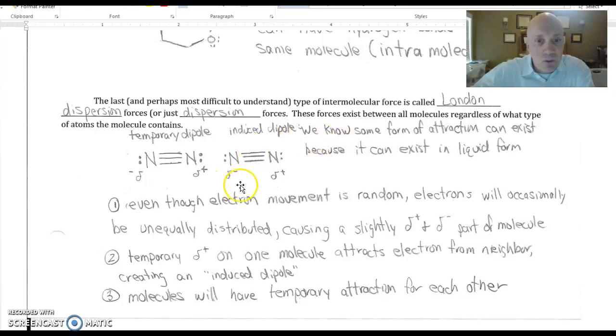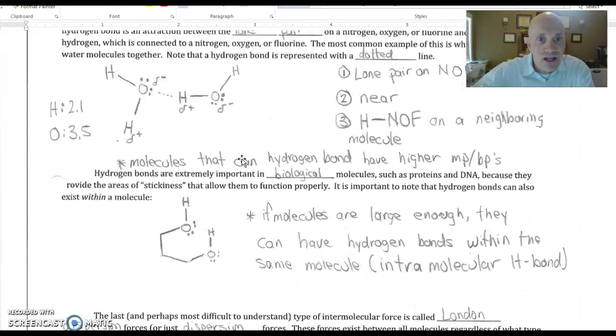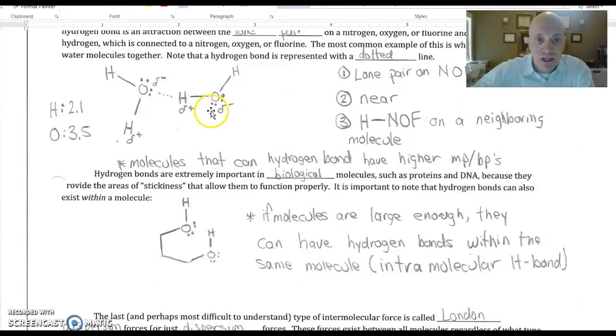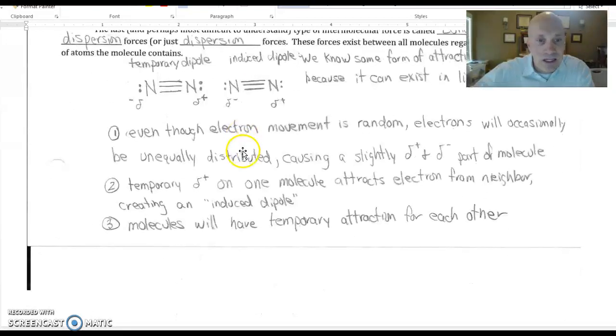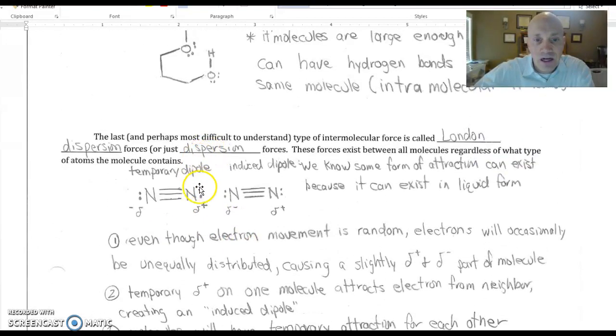All right, so the thing about these types of forces is that they can exist in any molecules. I want to contrast that with hydrogen bonding. We have to have a specific situation in molecules for hydrogen bonds to exist, but any covalent bond can have London dispersion forces.